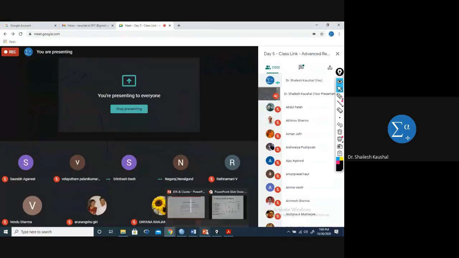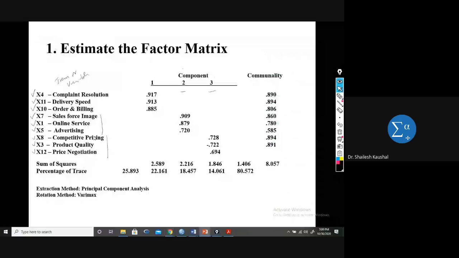I am explaining, sir. The eigenvalue is nothing but the summation of the squares of the factor loadings: square of this, square of this, square of this. We can also explain the eigenvalue through a graph.